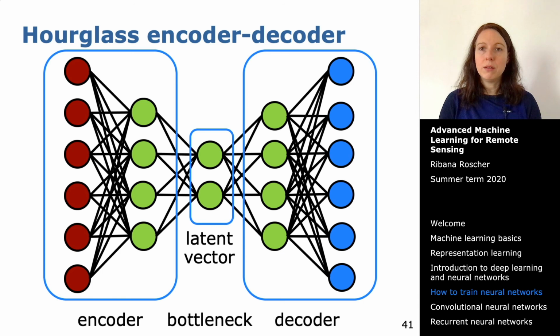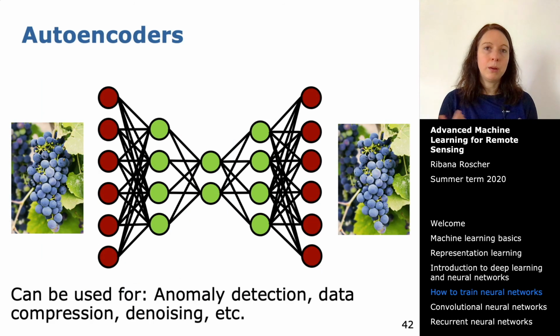One very nice example where this bottleneck hourglass encoder-decoder is used are autoencoders. Autoencoders are an architecture which is used when you want to reconstruct your input data. It sounds very simple, it is, but it's very powerful.